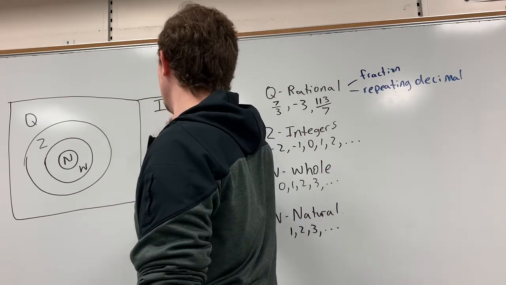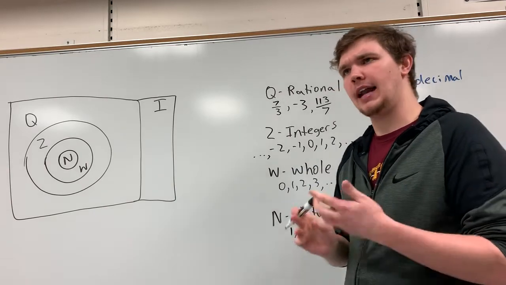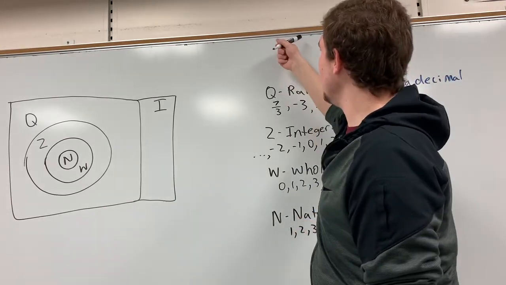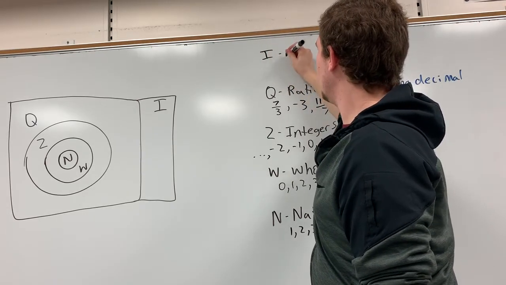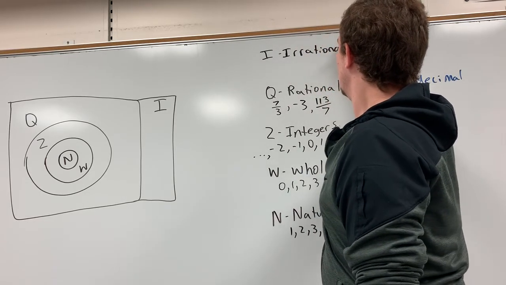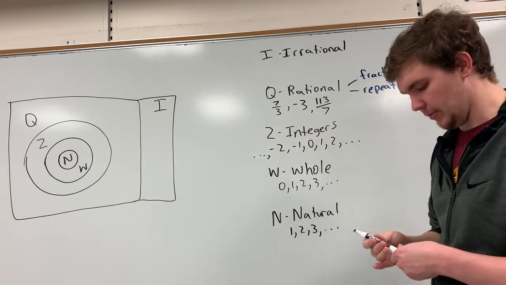And for irrational, I'm going to use an I. You might see irrational written with an I or a P in some cases. An irrational number is essentially the opposite of a rational number, right?